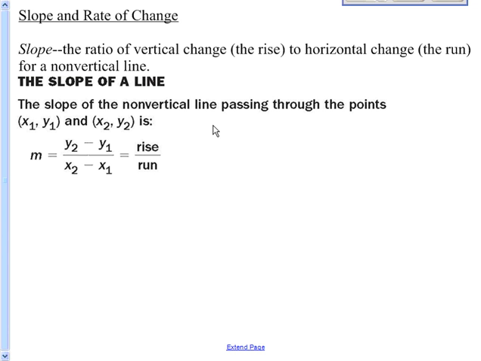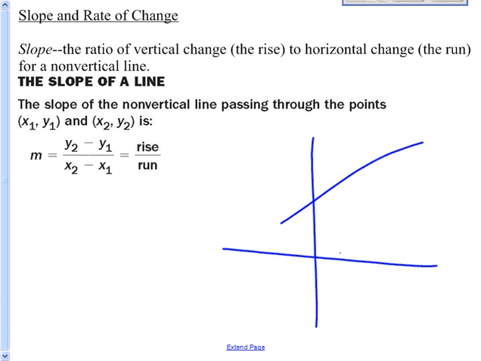The definition. Well, it's the ratio of vertical change, the rise, to horizontal change, the run, for a non-vertical line. So if you have, say, this line here with the point x1, y1, and over here the point x2, y2, m represents our slope.